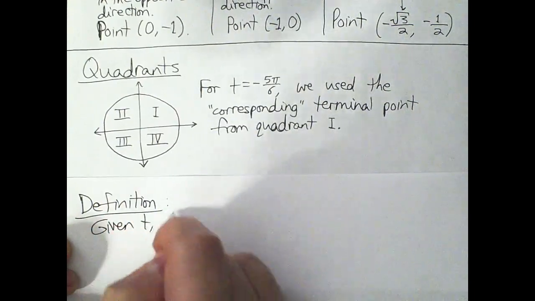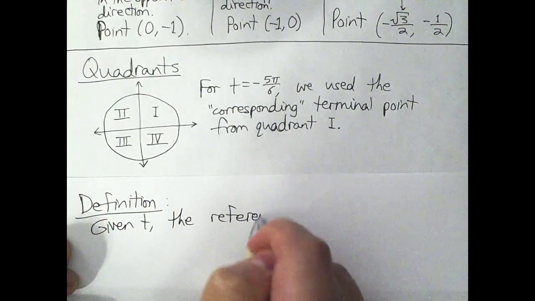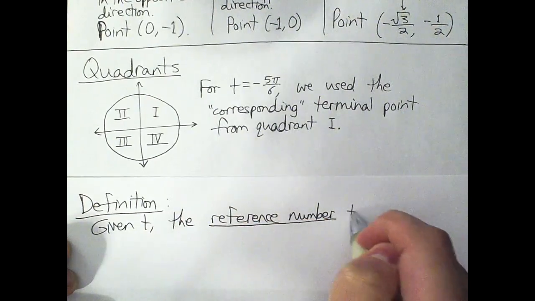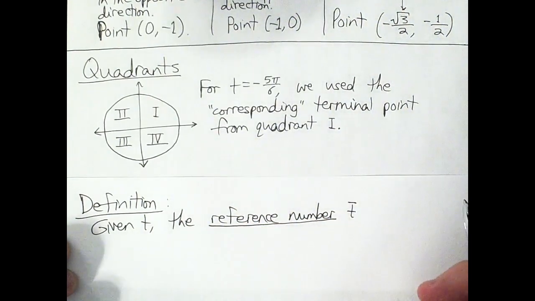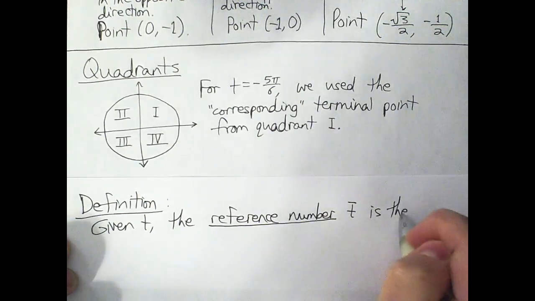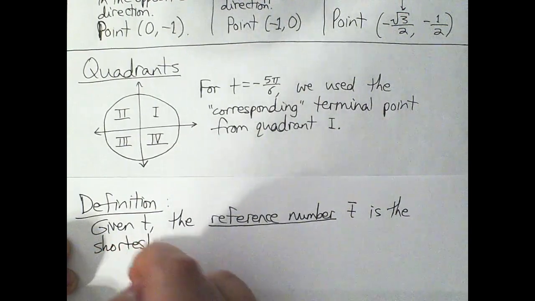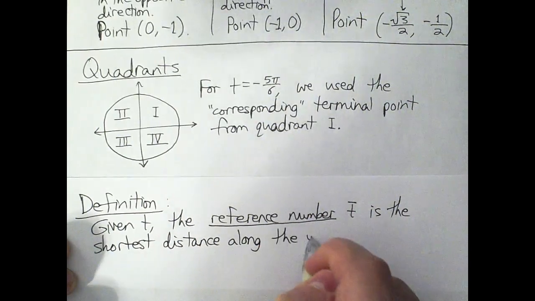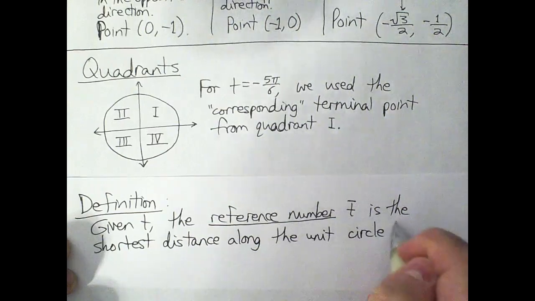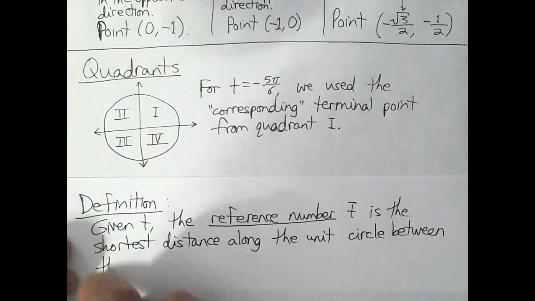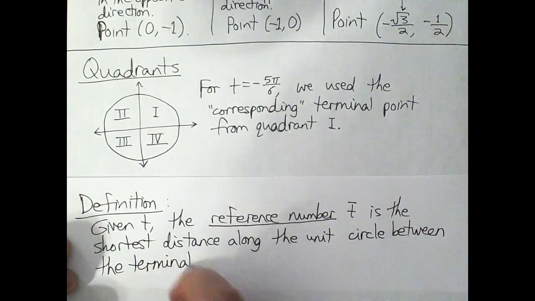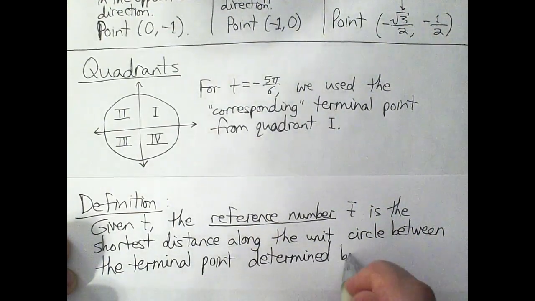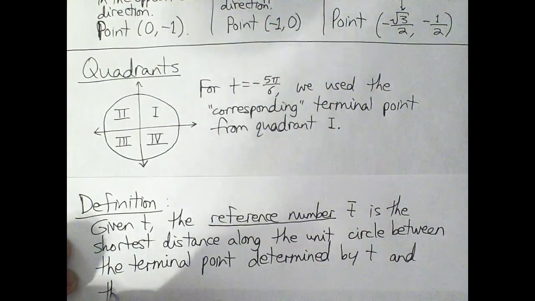If you're given t, the reference number, t with a bar over it, sometimes pronounced t bar, is the shortest distance along the unit circle between the terminal point determined by t and the x-axis.